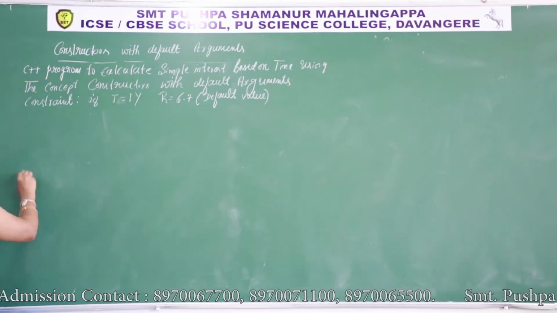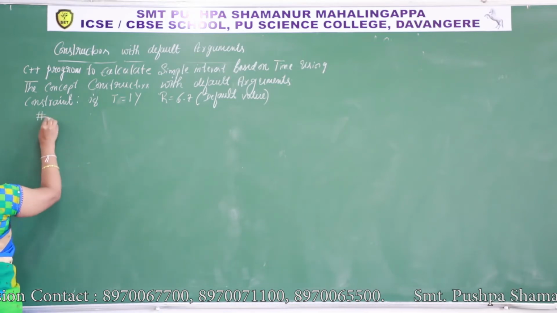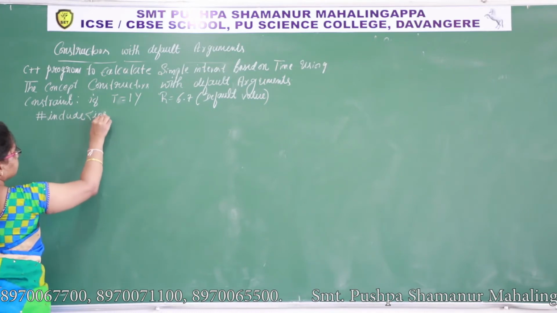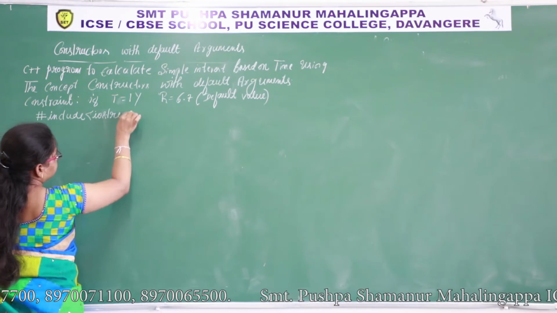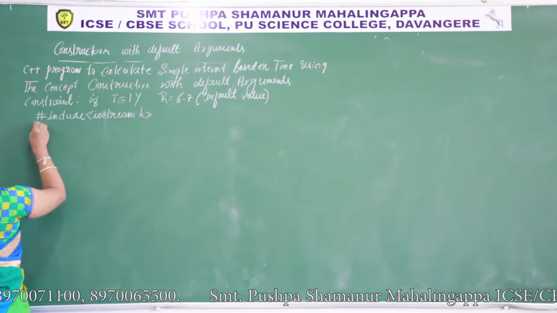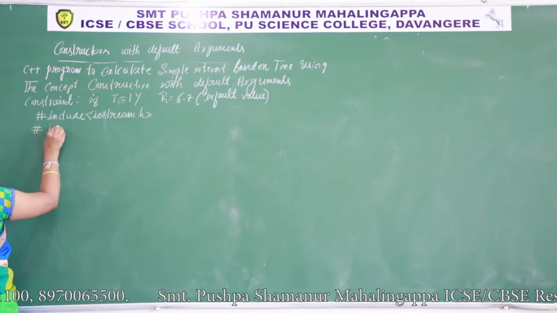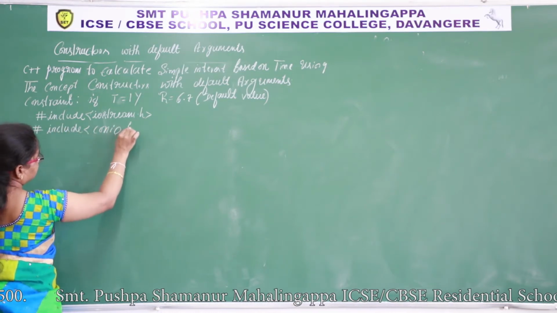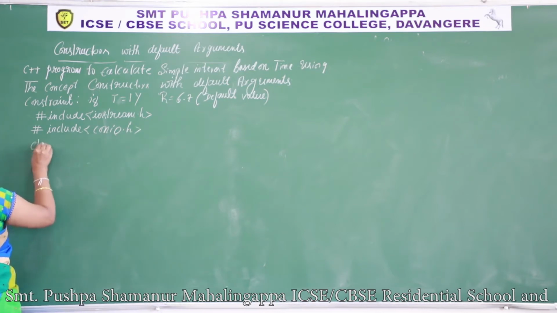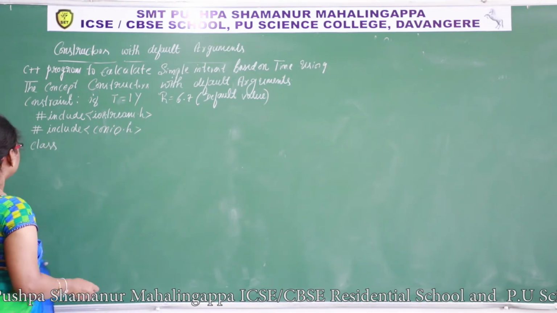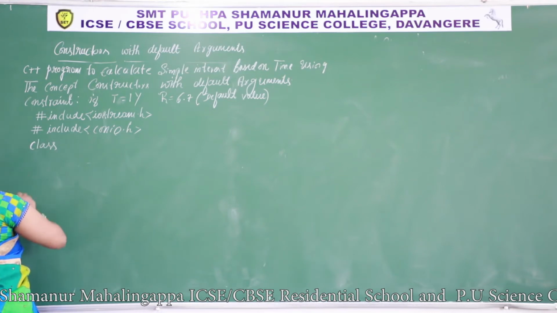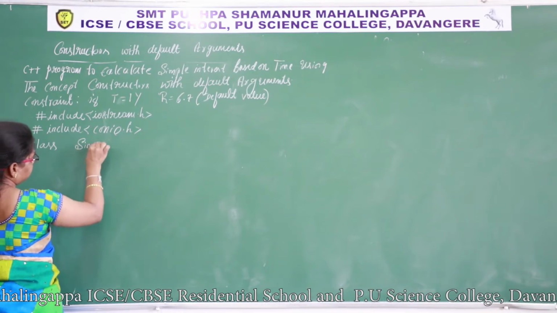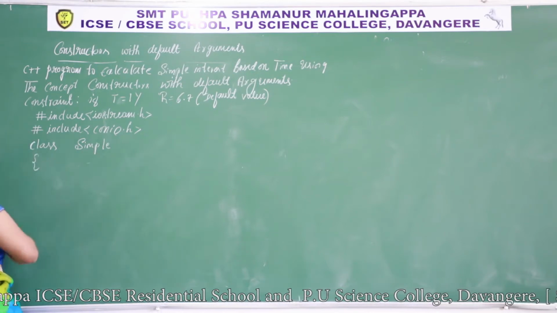Let us start the program. Header files: include iostream.h, include conio.h. Class: I'll take the name of the class as simple, open curly bracket.